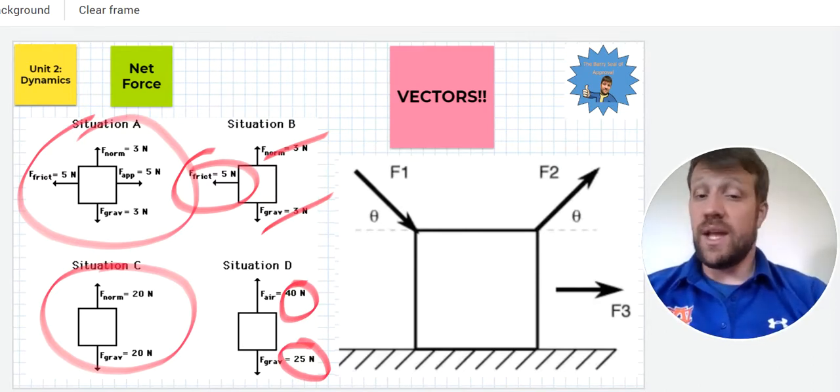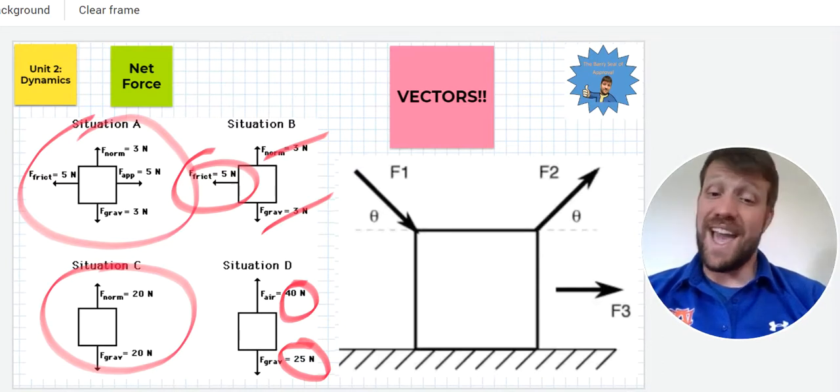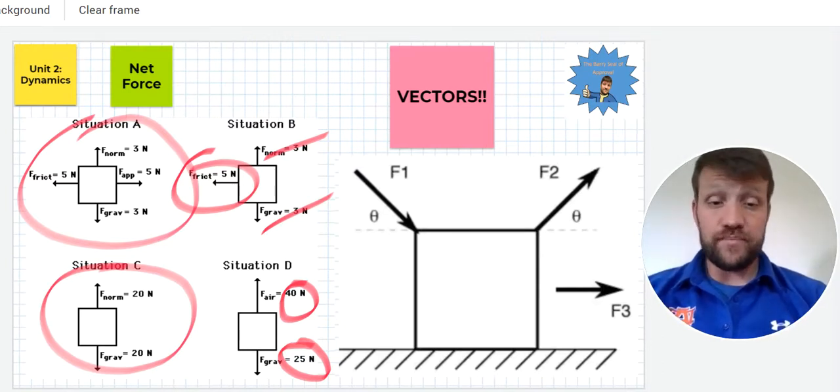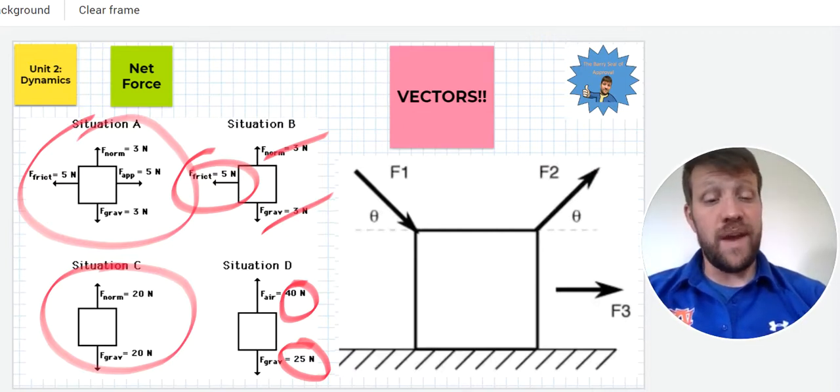Now, these first examples were really easy because they were just in the x and the y direction, but if we see something like over here on the right, where there are applied forces at angles, it's going to be a little bit different to figure this out. What we're going to have to do is sum the forces in the different directions that are present.